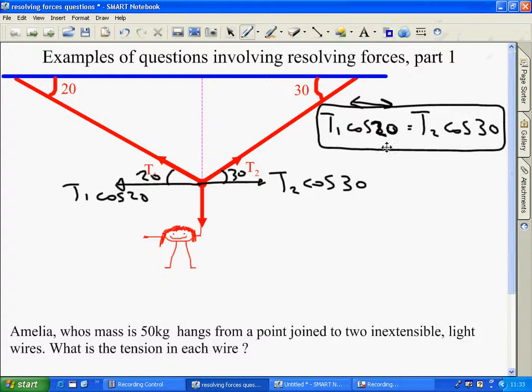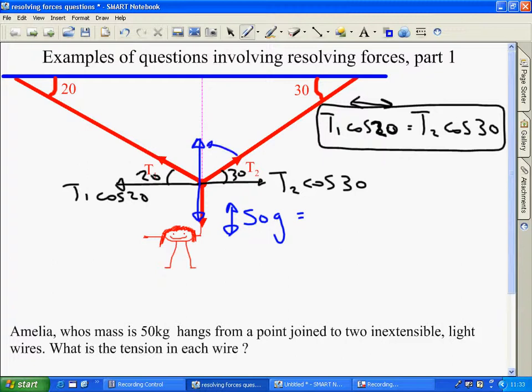If I now resolve vertically, forces vertically are equal. Downwards we have Amelia of 50 times acceleration due to gravity. And upwards we have the component of T2 in this direction.